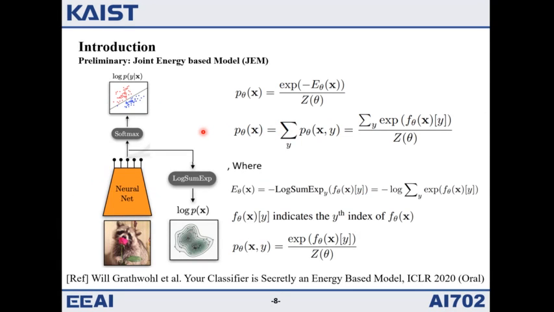One of the research works about approximating a prior p(x) is this paper. Grathwohl et al. present the paper Your Classifier is Secretly an Energy-Based Model, which was published in ICLR 2020, and this is our base paper. The authors proposed an energy-based joint distribution like this formulation, namely JEM, and the energy is formulated with the following equation.